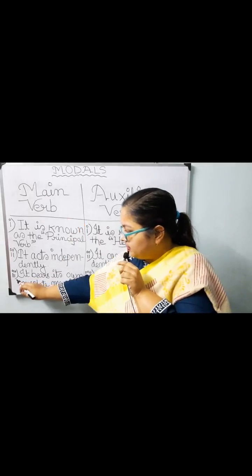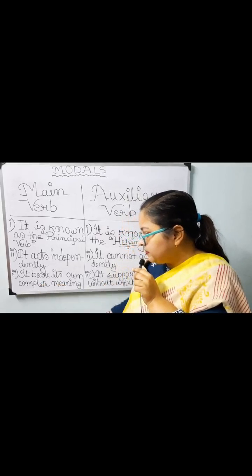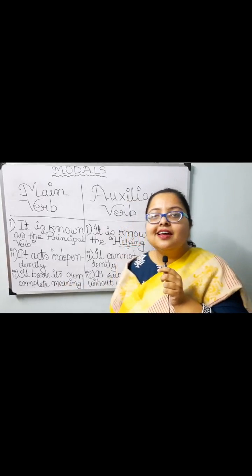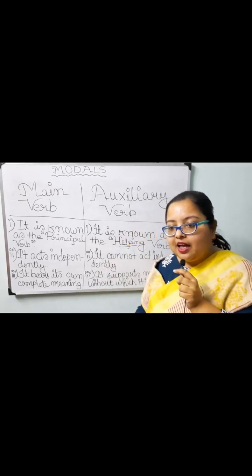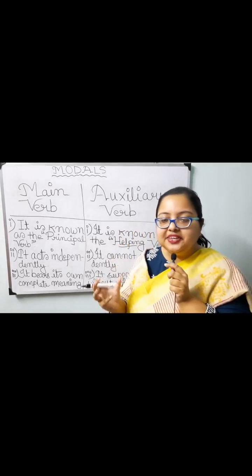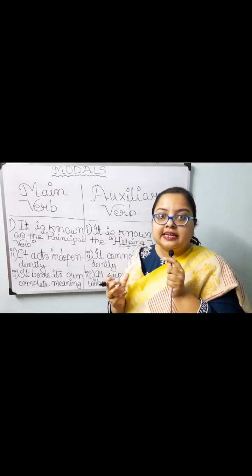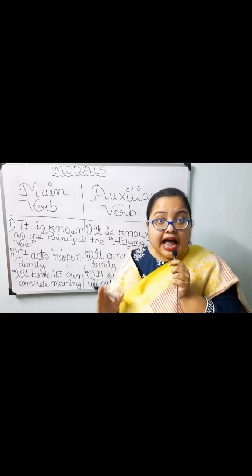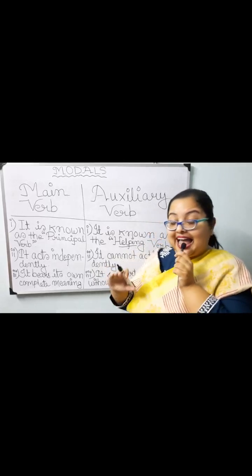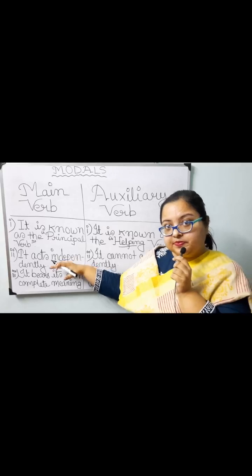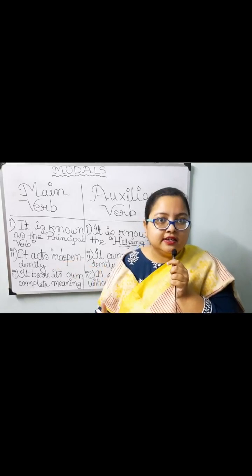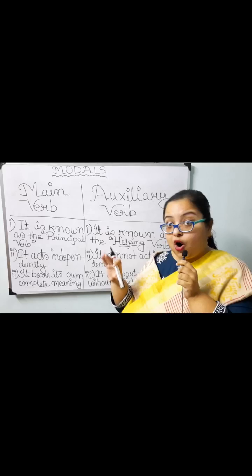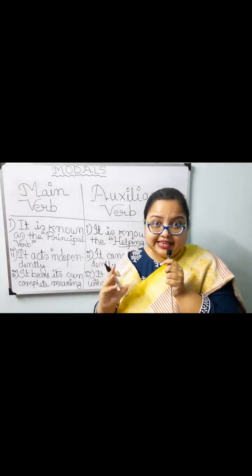Main verb, number 3: it bears its own complete meaning. So students, generally a main verb has its own meaning, a separate, unique meaning, and it can therefore act independently. So it can stand independently without the help of an auxiliary verb too, but in some cases.